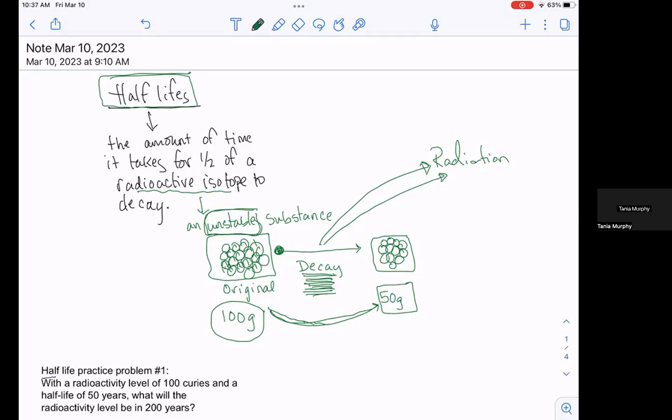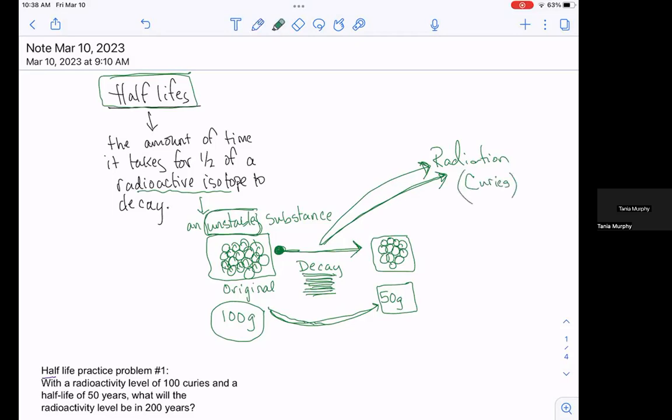So we're going to be talking about the half-life, how long it takes to get from the beginning to the end, and how much radiation is given off in that period of time. That radiation will be measured in curies, a unit of radiation.